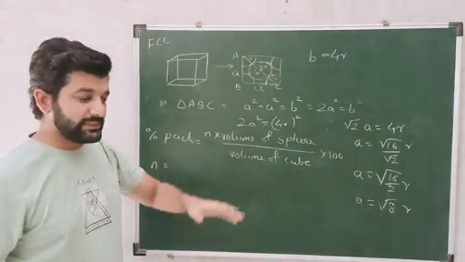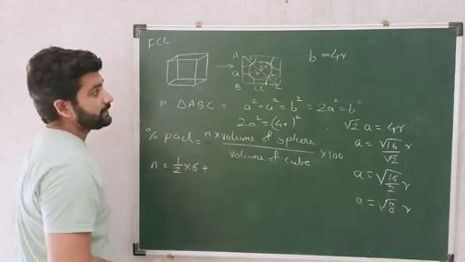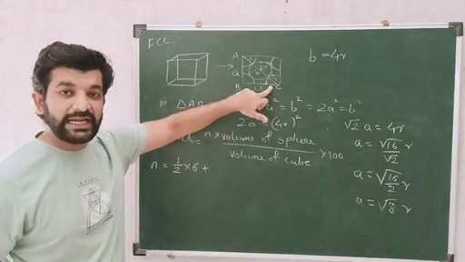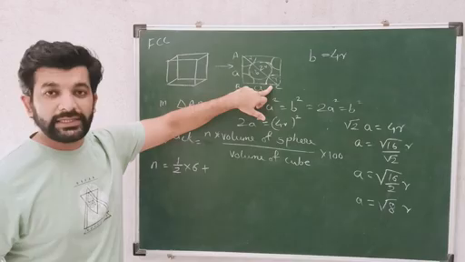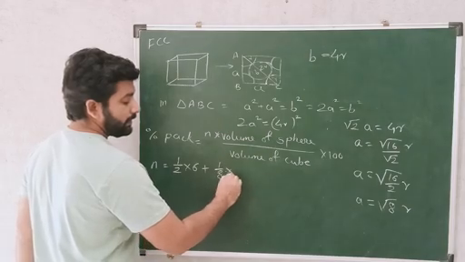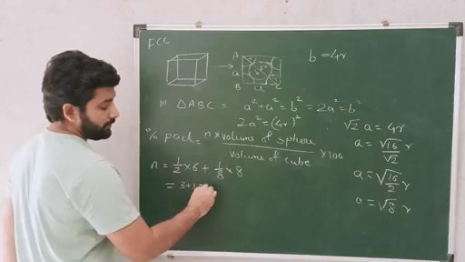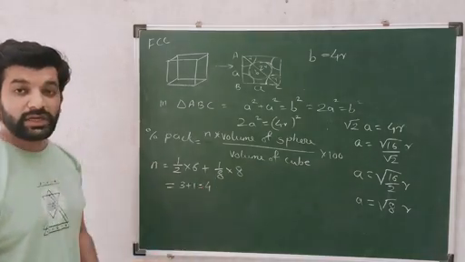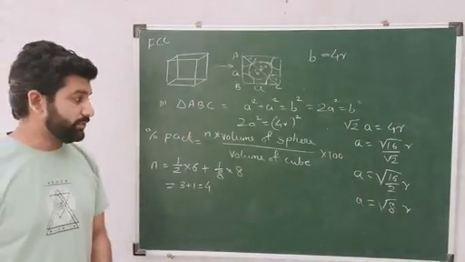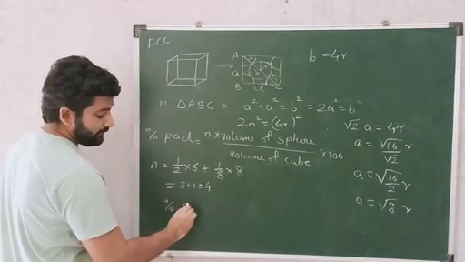There are 6 faces, so we write 1/2 into 6, plus there is 1/8 part of an atom present at each corner, and there are 8 corners, so we write 1/8 into 8. So this is 3 plus 1, which is equal to 4. That means there are a total of 4 atoms present in the FCC crystal unit. By substituting these values, we can find the percentage packing efficiency.